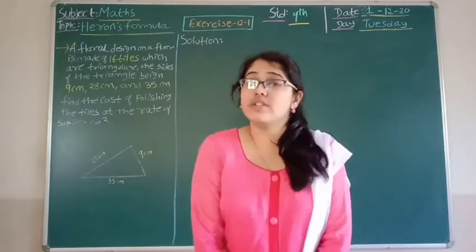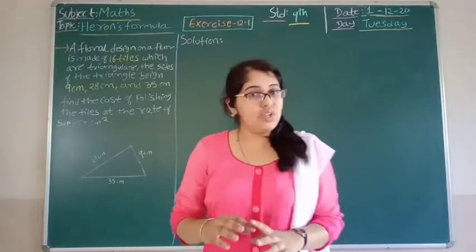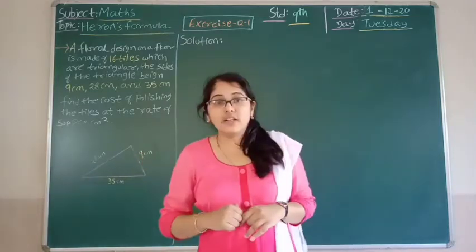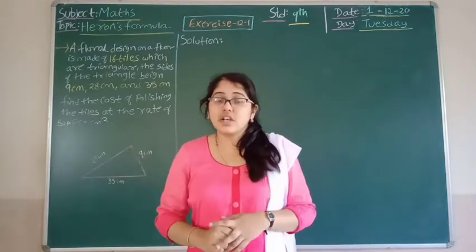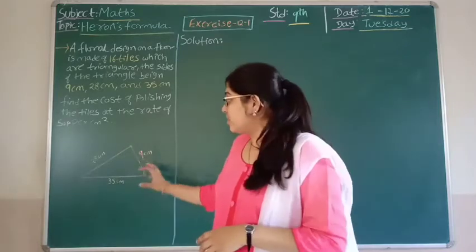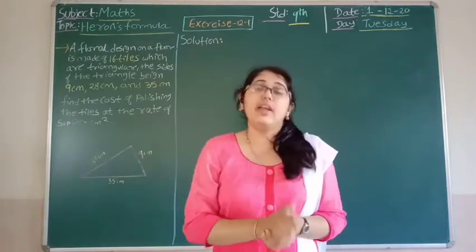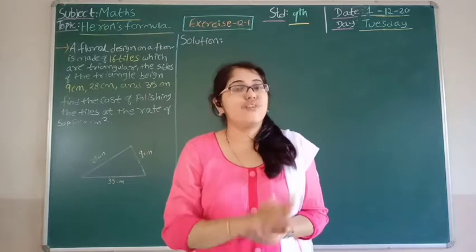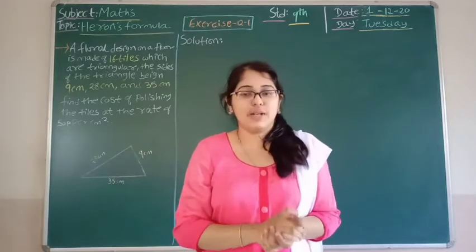Now, how to solve this sum? We have been given a triangle with its sides, so we need to first find the area of the triangle, and we will find it by Heron's formula.